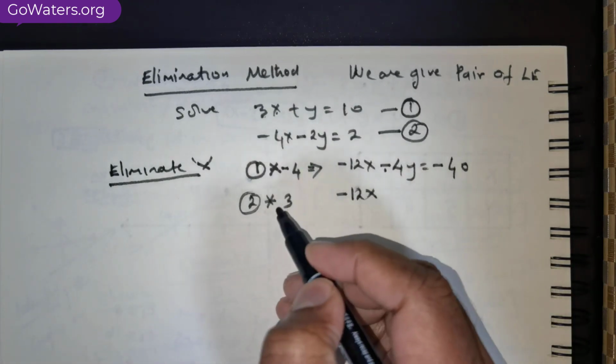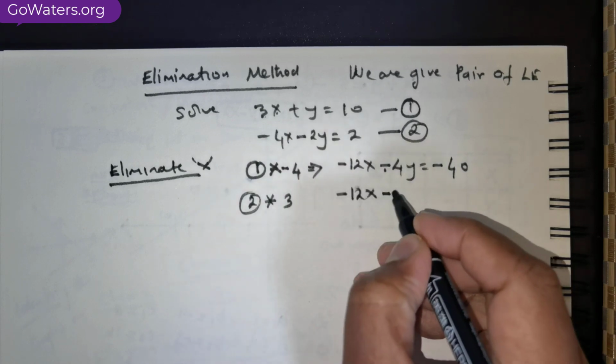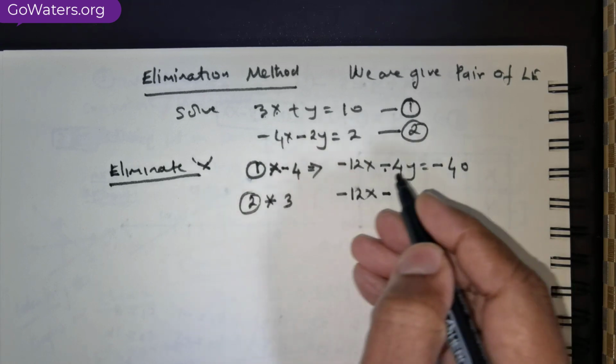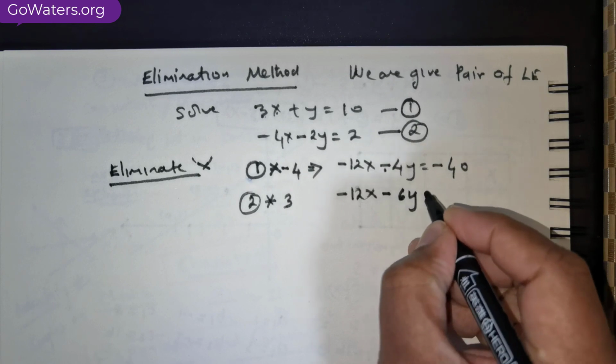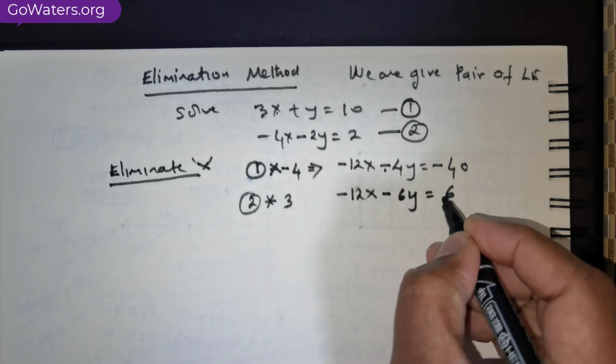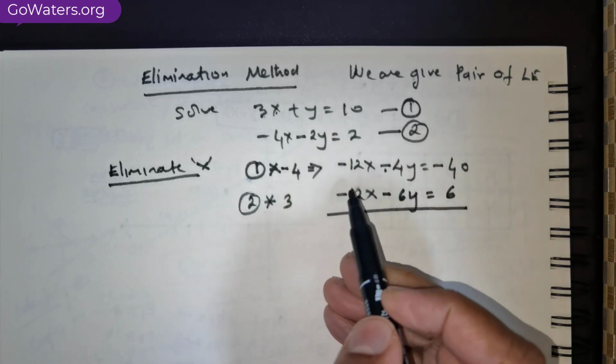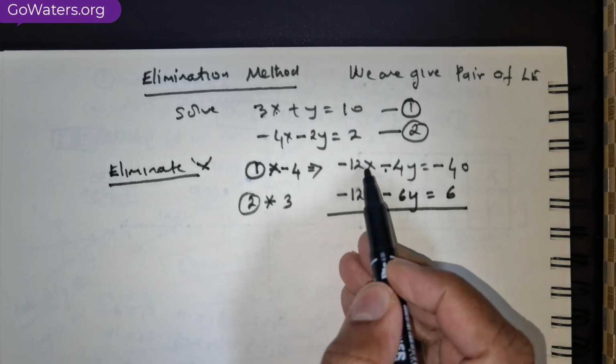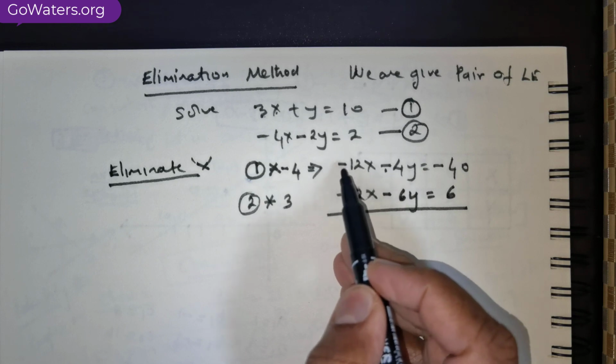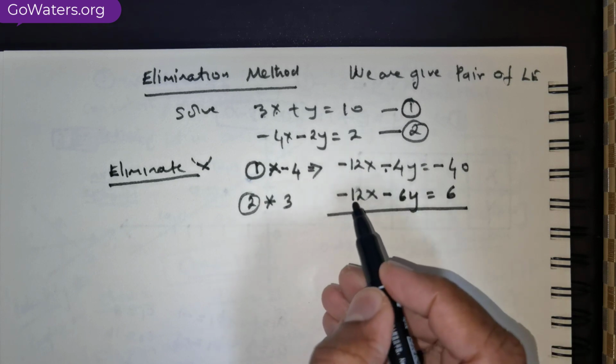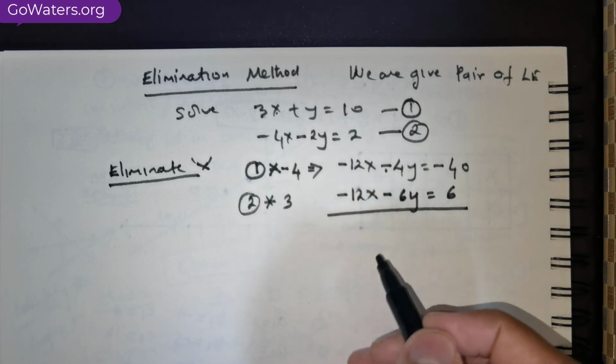You don't have to place any signs here. Followed by 3 multiplied with negative 2 would give you negative 6y. 3 multiplied with 2 would give you 6. That's it. So as I mentioned to you, the idea is to have the coefficients of x to be same to the coefficient of x that we see over here.